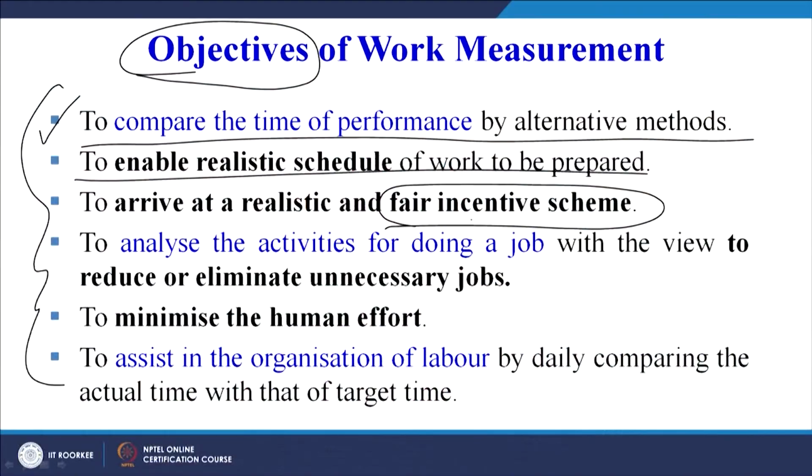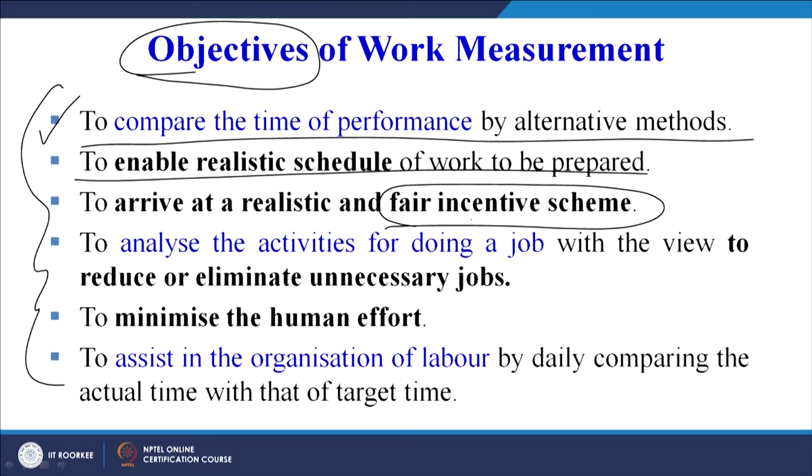To arrive at a realistic and fair incentive scheme, as I have already told, for fixing the salaries or the incentive or the bonus, we can very easily use the standard time data or the work measurement for fixing the incentives, bonus, salaries, wages for the workers. To analyze the activities for doing a job with a view to reduce or eliminate unnecessary jobs and to minimize human effort.